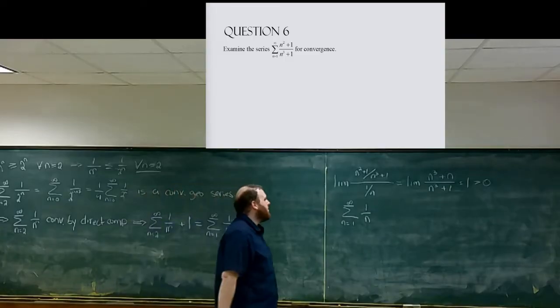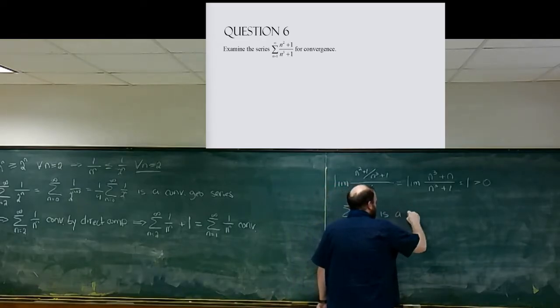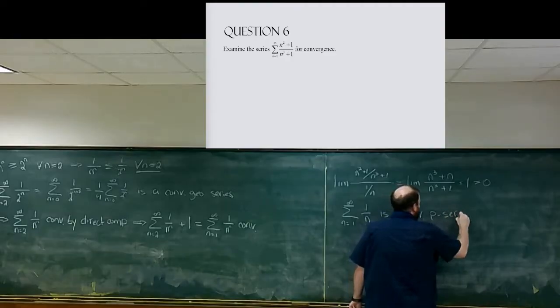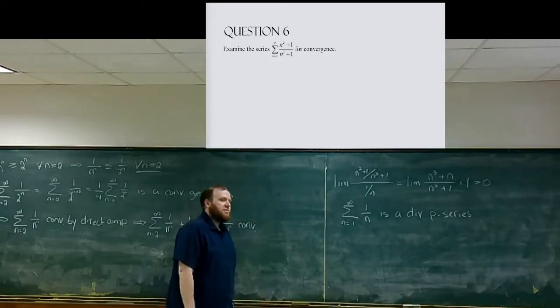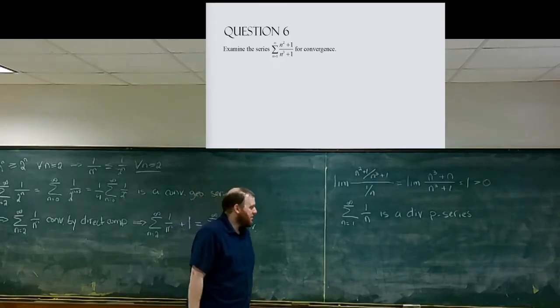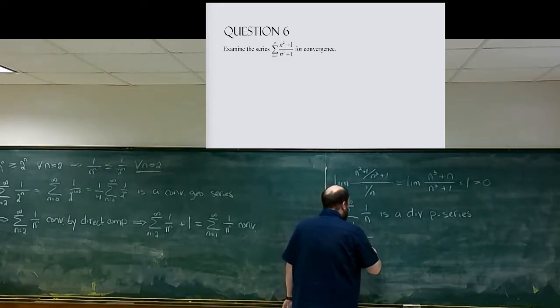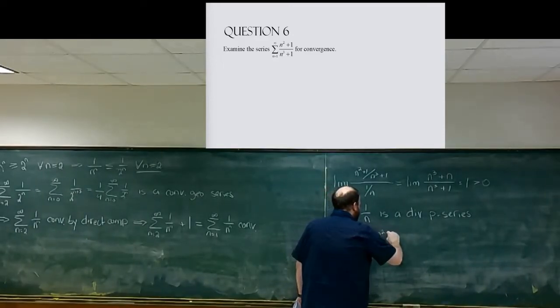That diverges. So it's a divergent P series, specifically the harmonic series, which diverges. So what does the original series do? Diverge. It has to diverge by limit comparison.